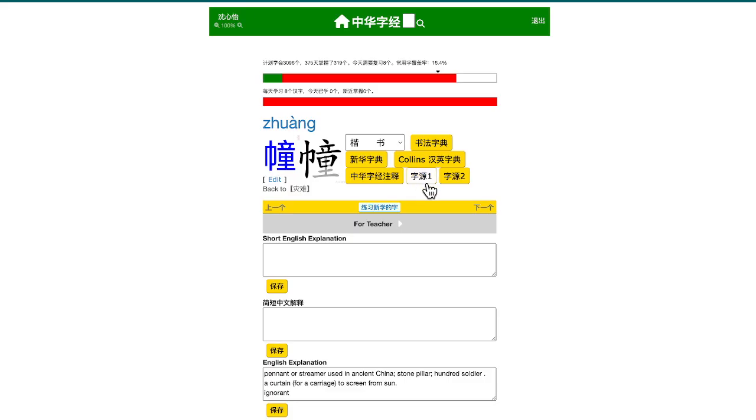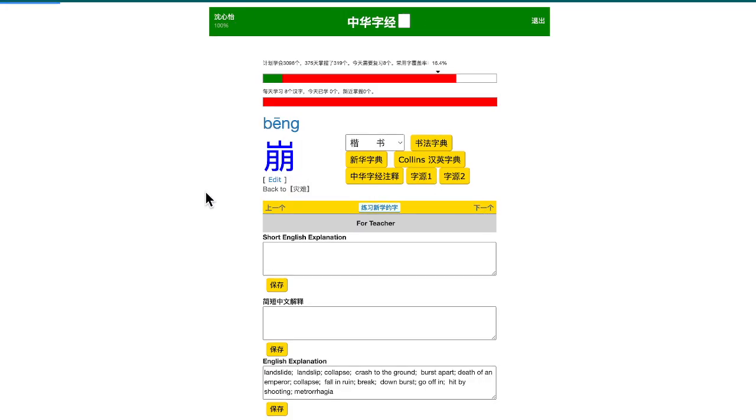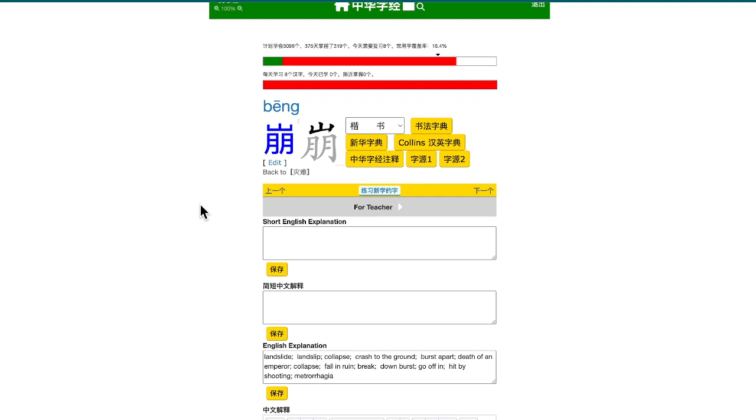Next one, beng. Now beng means collapse, breakdown from within. Originally it means the stones and rocks on the mountain that break off and roll down the mountain. That's what the original meaning is.